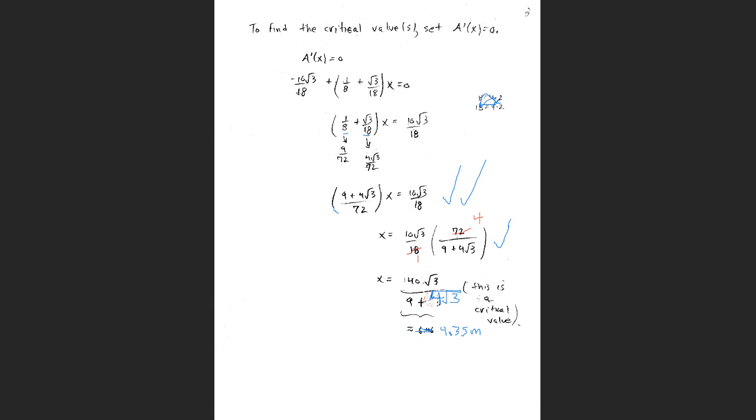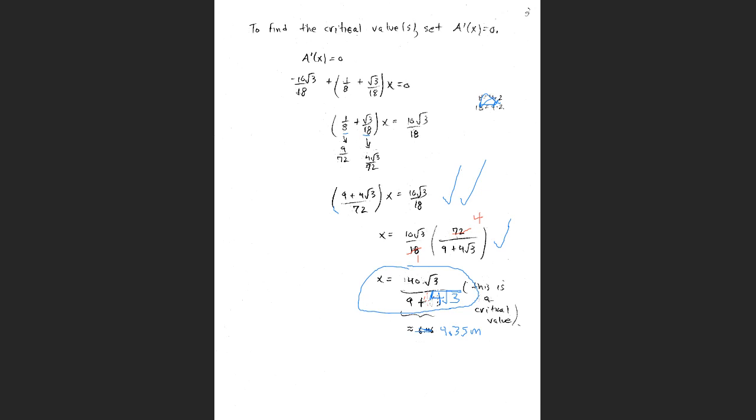So we have this critical value now: 40 root 3 divided by the quantity 9 plus 4 root 3, which as a decimal is approximately 4.35 meters.